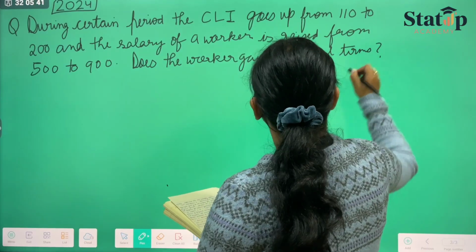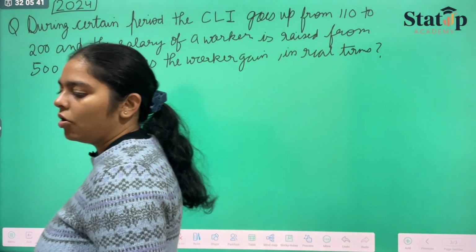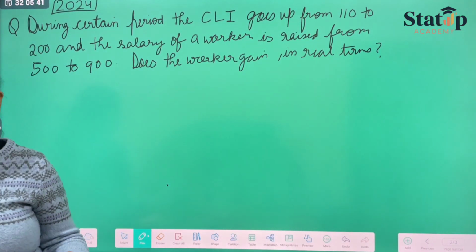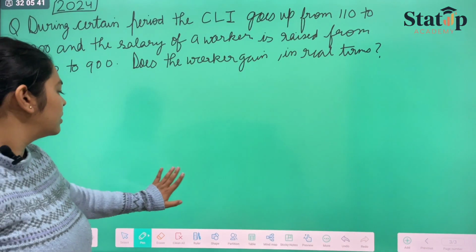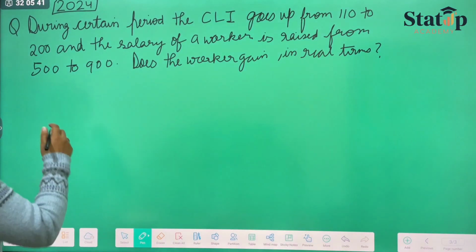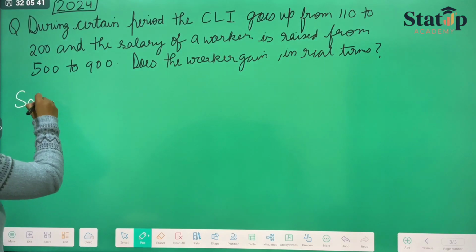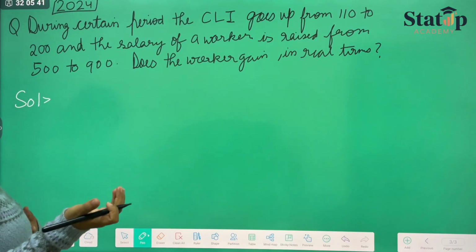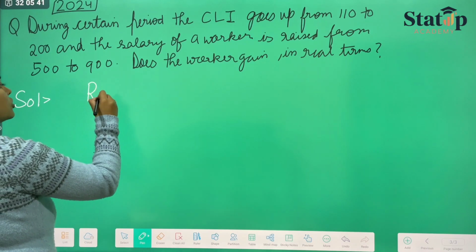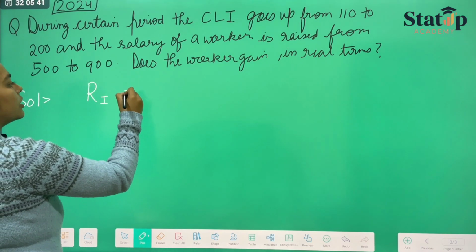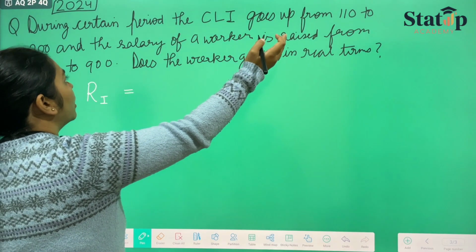So this is about real wages. I have told you the formula for calculating the real wages in the yesterday's class. Today we'll calculate real wages again. So the initial real wage, I will write R, initial.